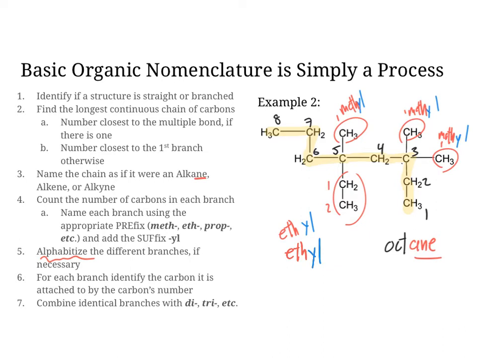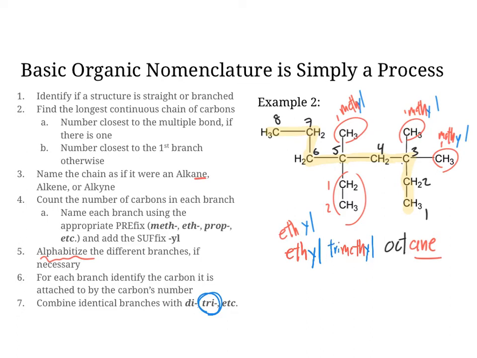And then I have 3 methyls, but they're not in the same spot. Because I have identical branches, I'm going to combine them by adding the prefix tri. So it's going to be something like methyl. Oh, I should write more clearly because I'm going to clean this up anyway. Methyl, but before that I'm going to write tri.